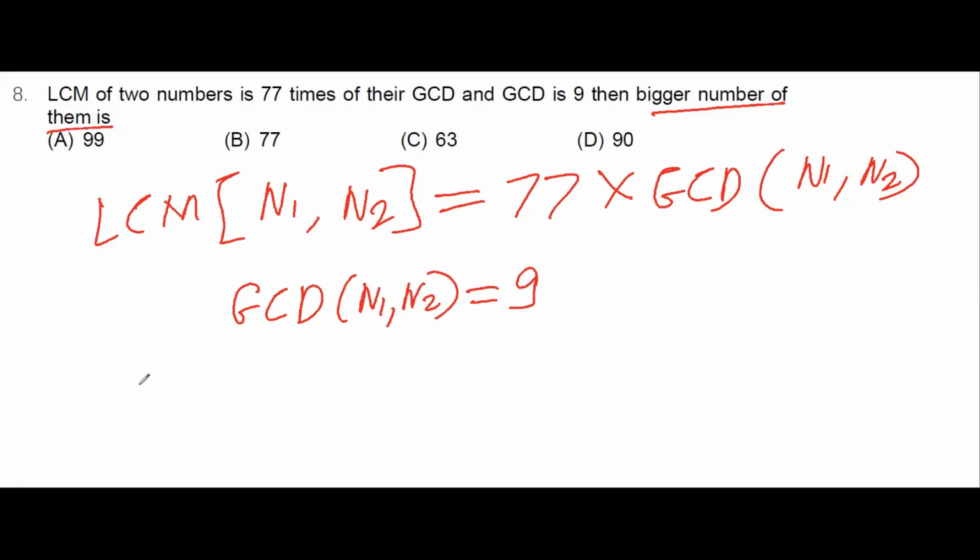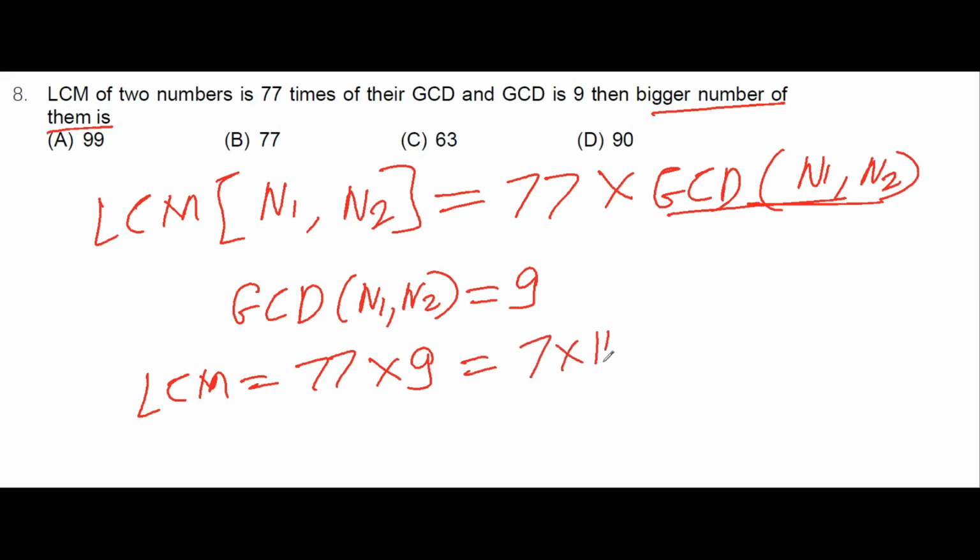We know LCM is equal to 77 into GCD, and GCD is given as 9. Now I will find the factors of 77 and 9. That will be 7 into 11 into 9. So based on this LCM, I will find the factors.